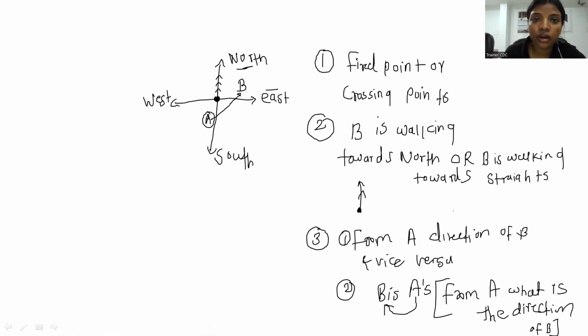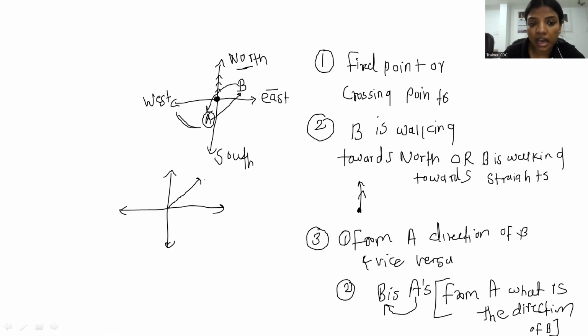They can also elaborate that sentence as B is A's. Okay, now tell me what is the direction of A with respect to B? From B, what is the direction of A? Obviously, it is southwest, right? So we all know that including these four directions, we have subdirections also, correct? And which are those subdirections?